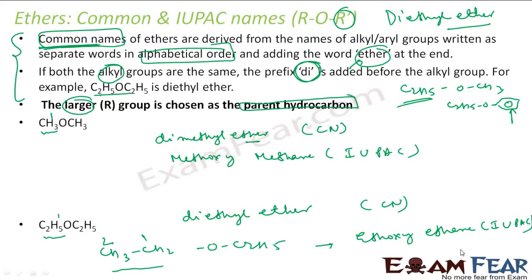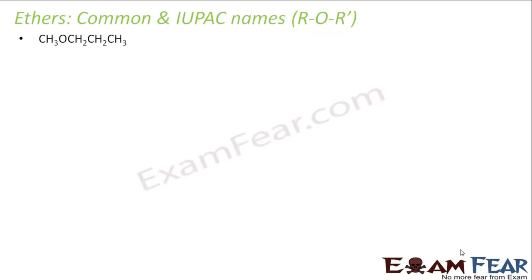We'll take more examples for this ether so that you get command on it. This is CH3O, CH2, CH2, CH3. So here let's first write the IUPAC name. Which one is the parent carbon? This is the parent one because it has more number of carbons in it. So it is 1, it is 2, it is 3.